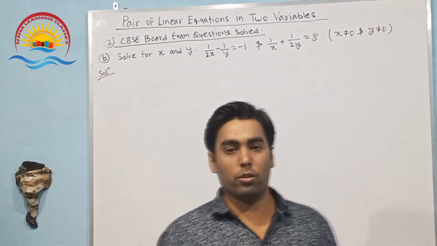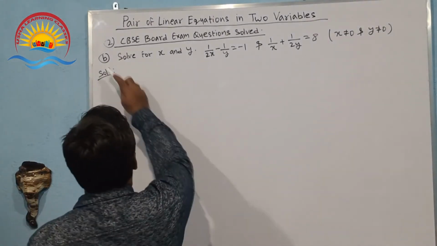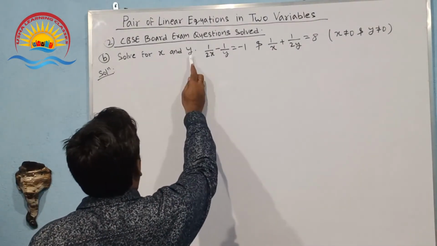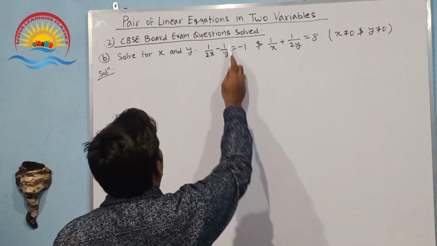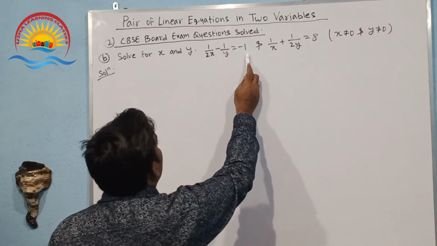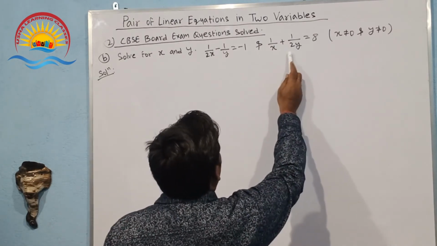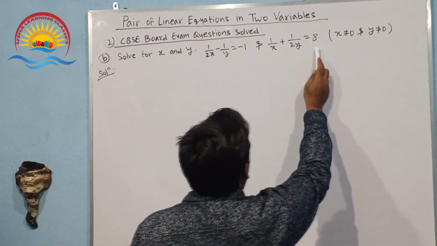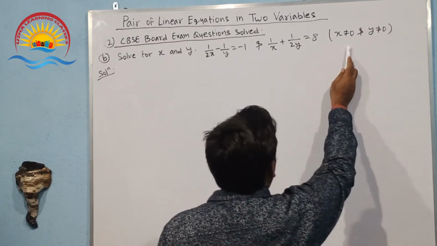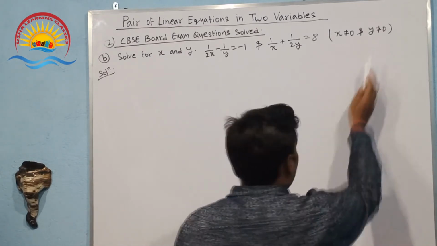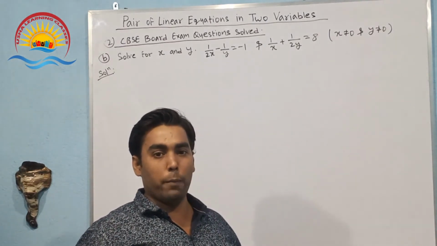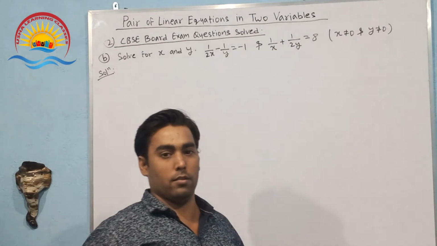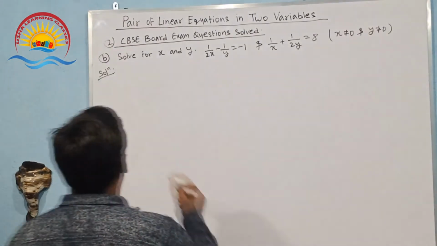Come to our next question. B. Solve for x and y. Equations are 1 by 2x minus 1 by y equal to minus 1 and 1 by x plus 1 by 2y equal to 8, where x not equal to 0 and y not equal to 0. Clearly the given equations are not linear, so we have to reduce them as linear equations. Let us try to solve it.